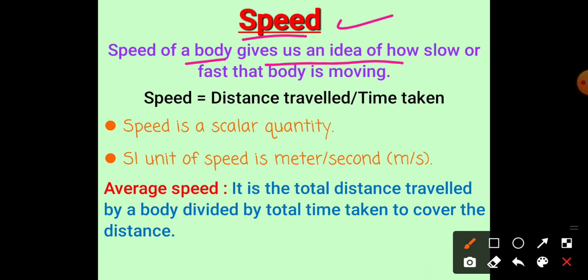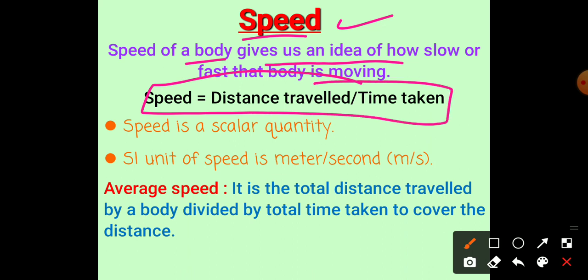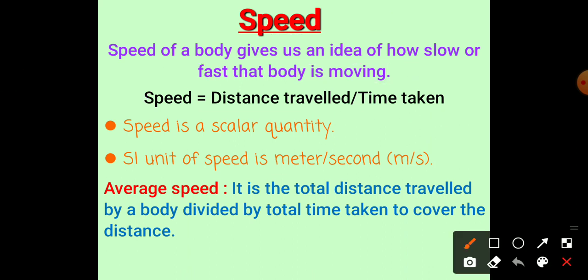If the body is moving slow, then the speed is less. If the body is moving fast, the speed is more. So this is the formula of speed: speed is equal to distance traveled divided by time taken.